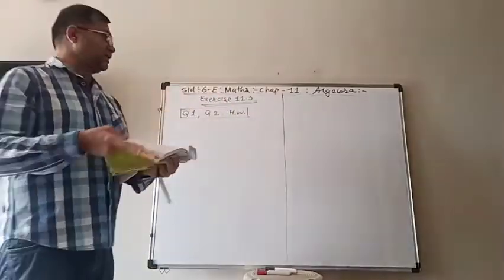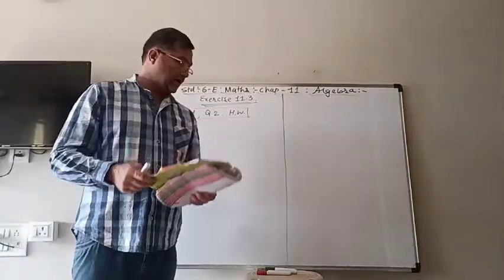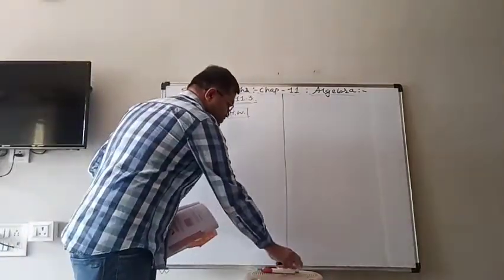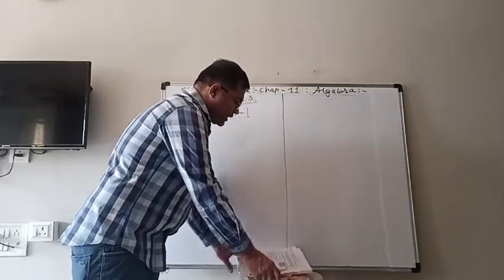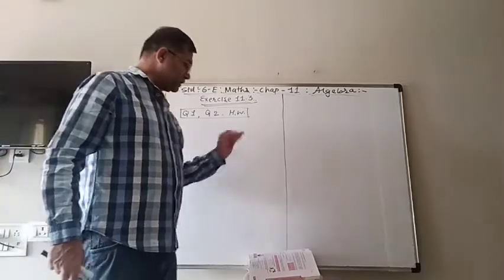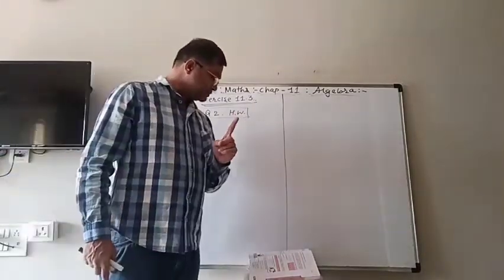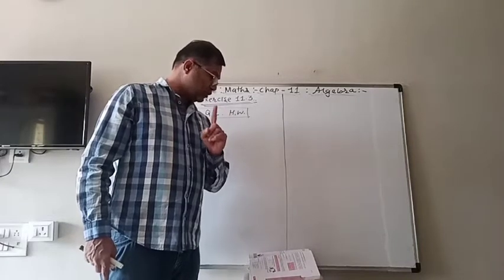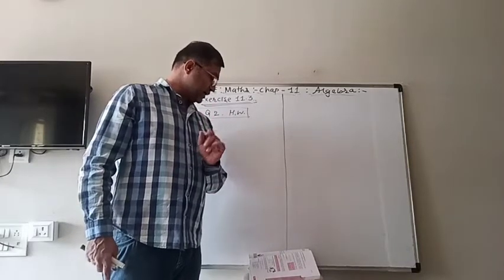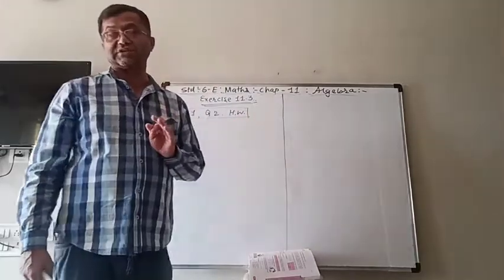Now let us start exercise 11.3. Now you can see that the first and second questions are very simple. In the first question, you have to take 3 digits 5, 7 and 8. Each number must not be used more than once, and use only addition, subtraction and multiplication.